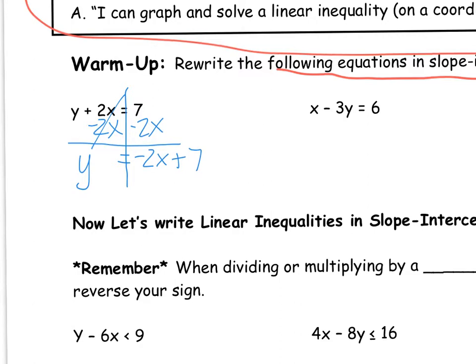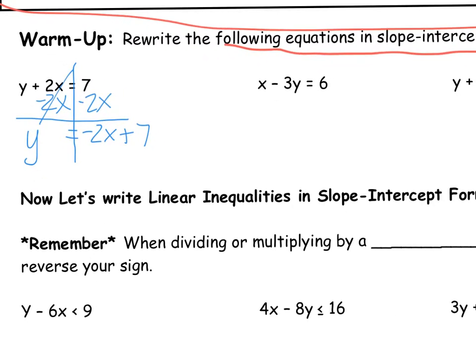Anytime you need to pause and write down, please do. Draw your line. First I've got to get rid of this x, so I need to subtract x from both sides. That leaves me with negative 3y equals negative x plus 6. Remember that negative was with the 3.